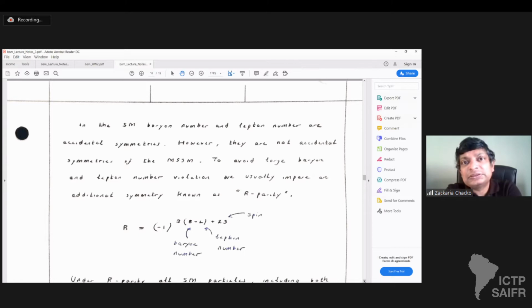The thing you've got to keep in mind is that if you're writing the chargino mass matrix or the neutralino mass matrix, there's a contribution from the gauge field, so just think of the way the gauge field appears.